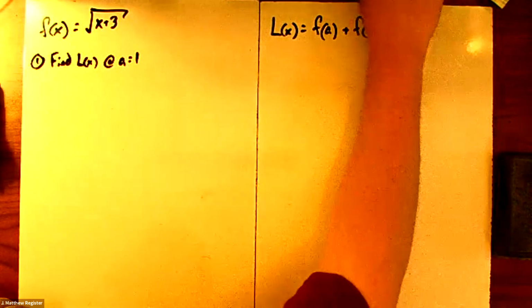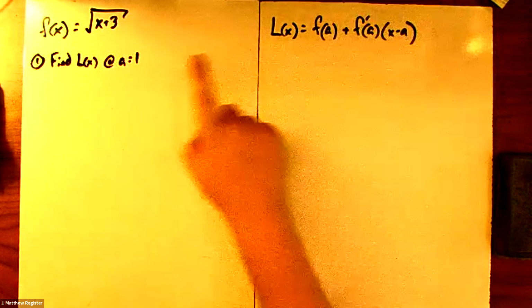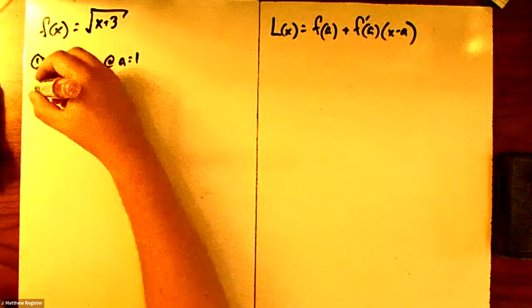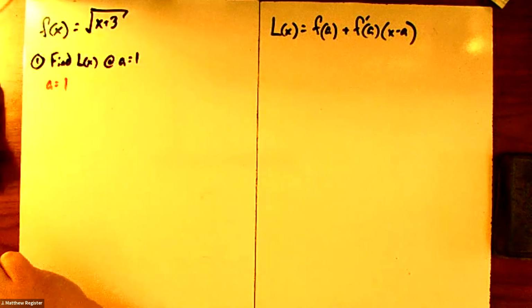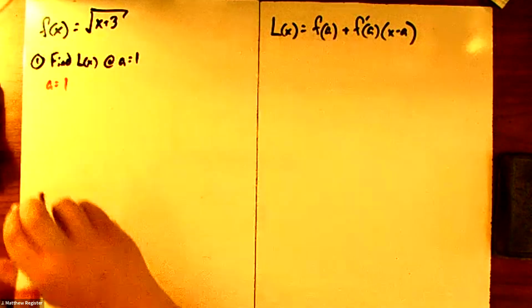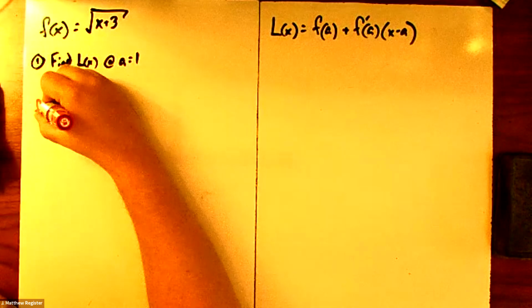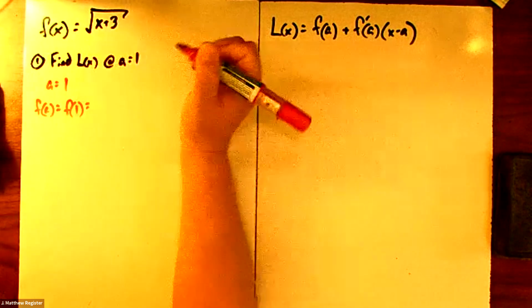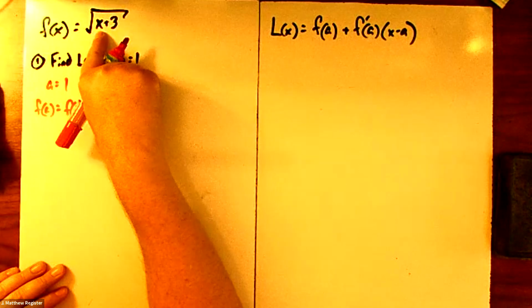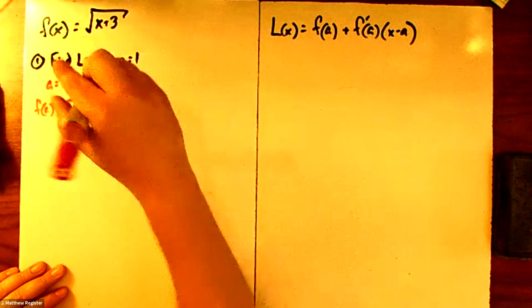In order to do that, we need our a value, which we have. And so a is 1. We would need to know what f of a is. That's going to be f of 1, which is plugging 1 in. We get 1 plus 3 is 4. Square root of 4 is 2.